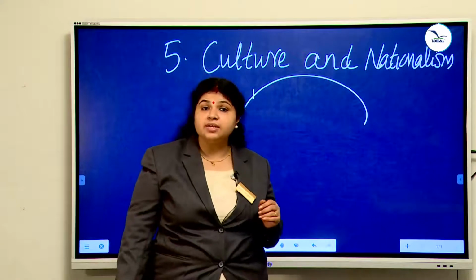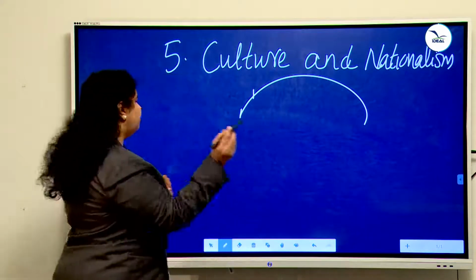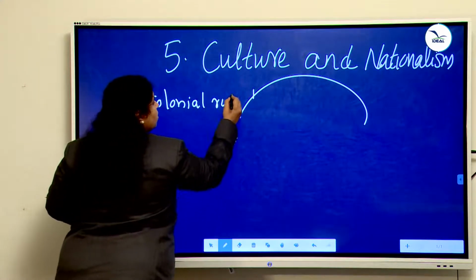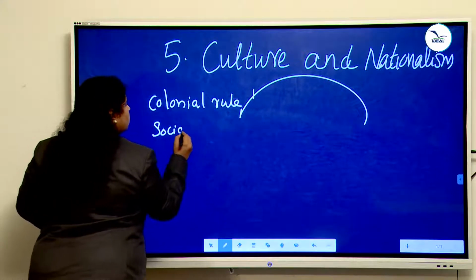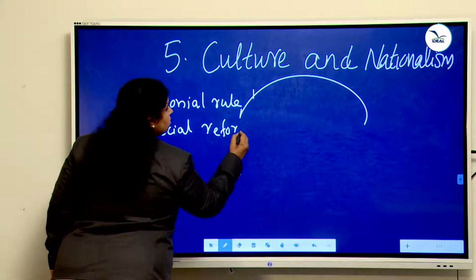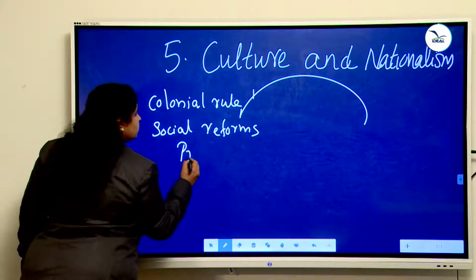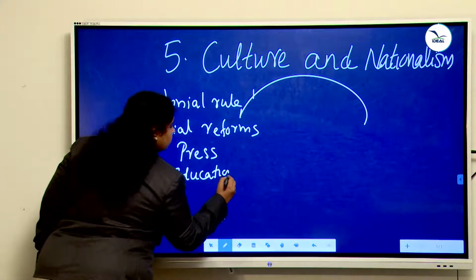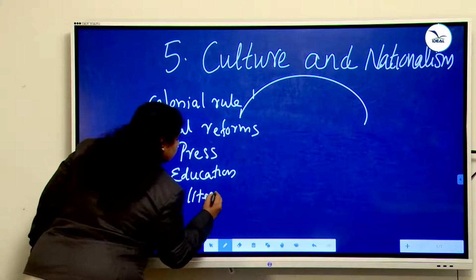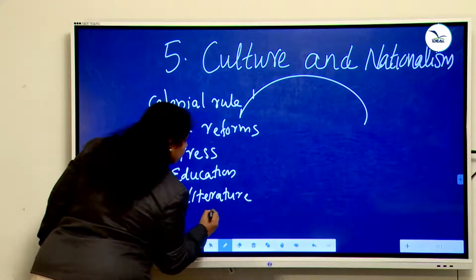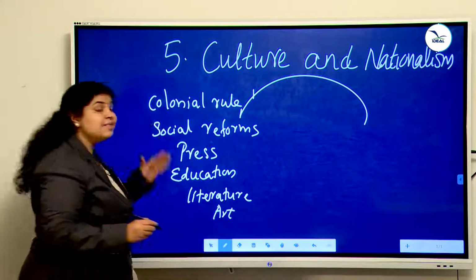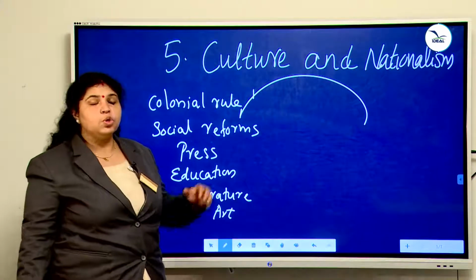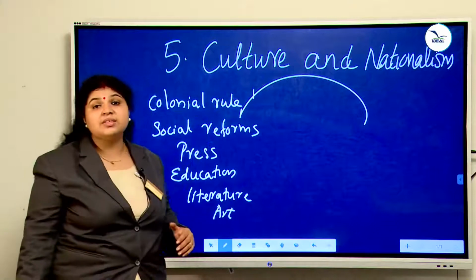The first one is colonial rule, then social reforms, then press, then education, literature, then art. So these are the factors that help the growth of Indian nationalism. In this lesson we are going to learn these factors one by one.